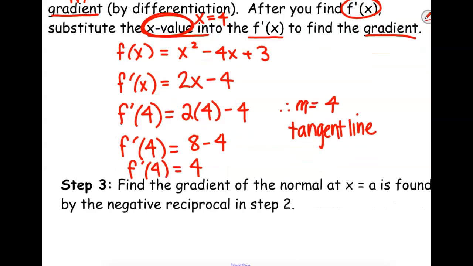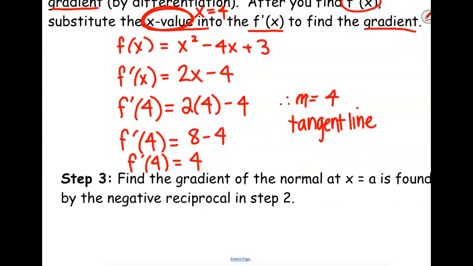Now, step 3. To find the gradient of your normal, that's your perpendicular, you're going to take the negative reciprocal of that slope.